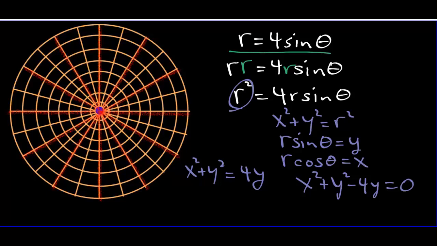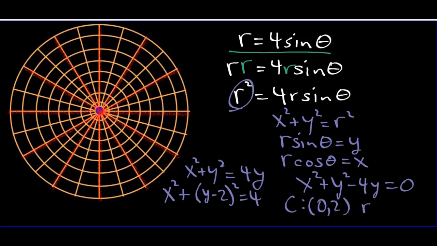So if I complete the square, if I take half the 4, square it, and add it, I get x squared plus (y minus 2) squared equals 4. I took half the 4, squared it, and added it to both sides. And now you can see we have a circle that's centered at (0, 2) and has a radius of 2. So immediately you can tell what the circle looks like.